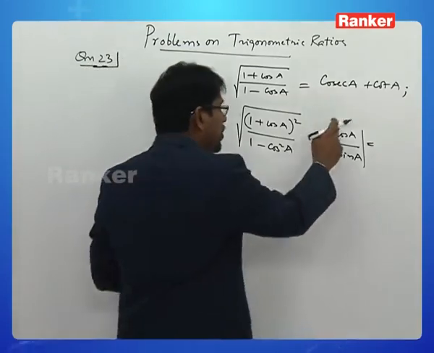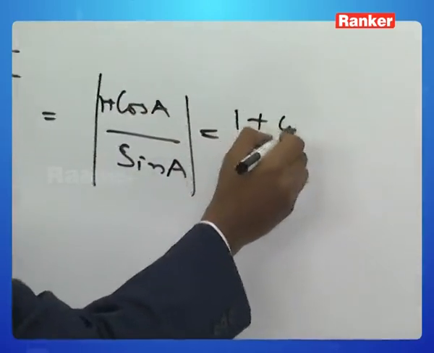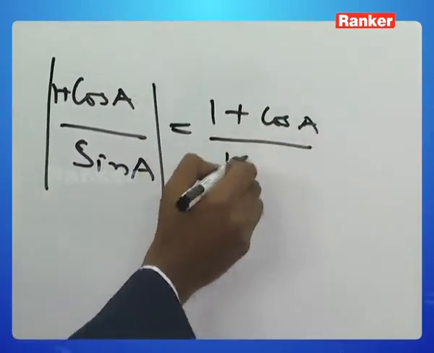So we can get rid of the modulus for the numerator. So we get 1 plus cos A by mod sin A.